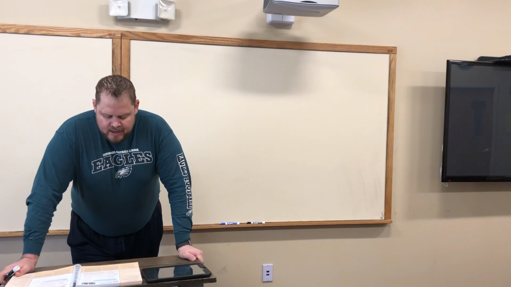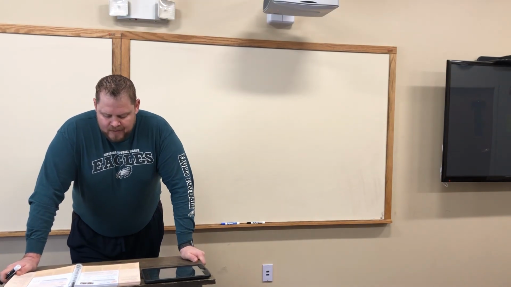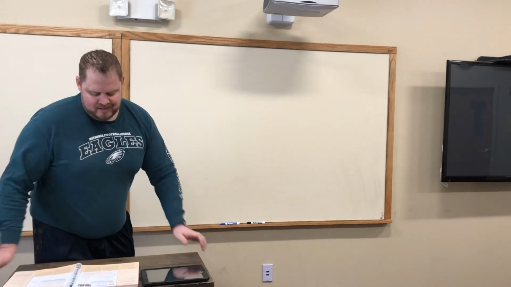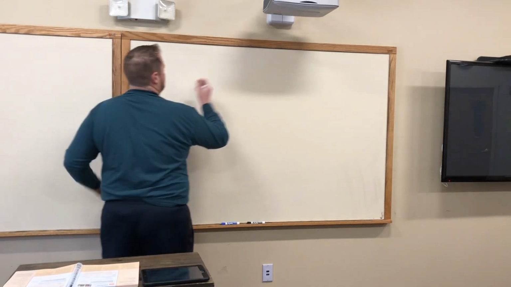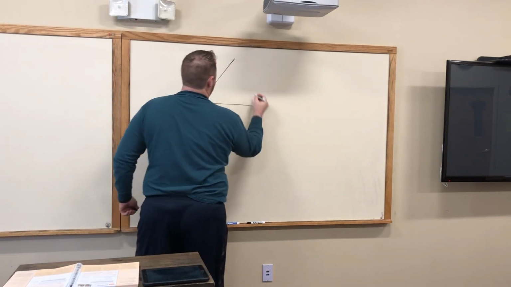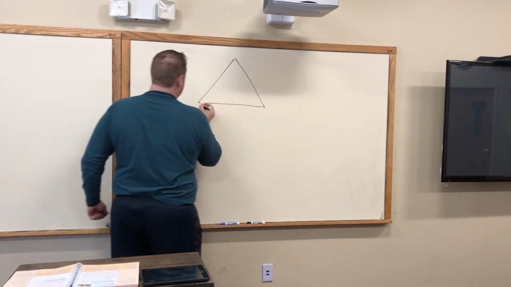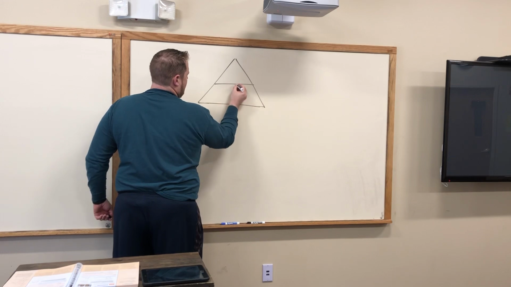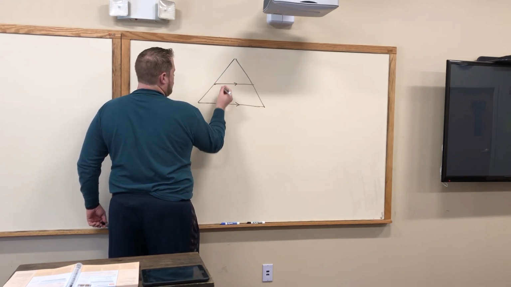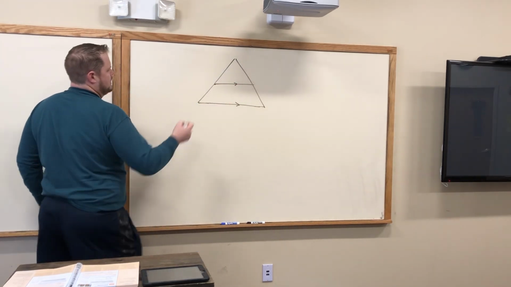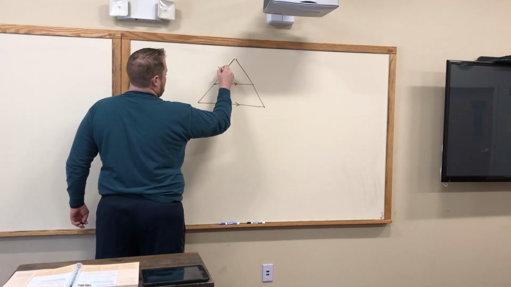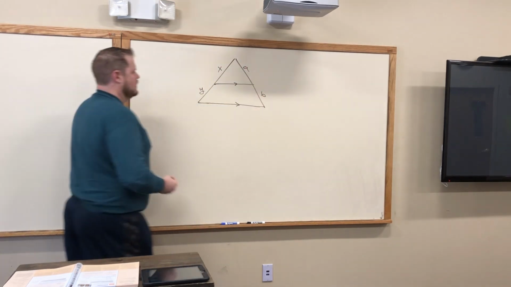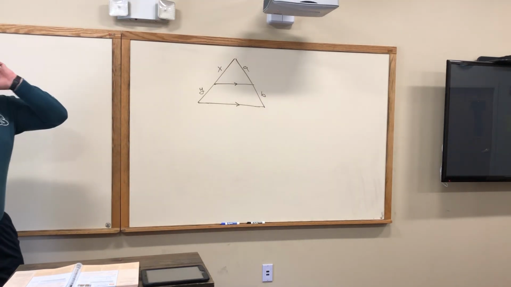It says this: a segment parallel to one side of a triangle that intersects the other two sides divides those sides into proportional parts. In other words, if I have a triangle and I draw this line and they are parallel, then it divides it into 4 parts, right?